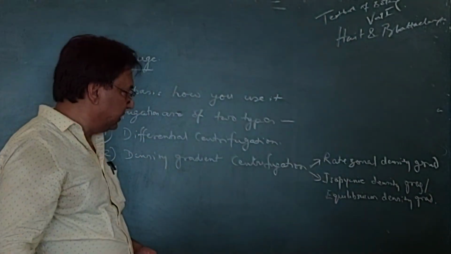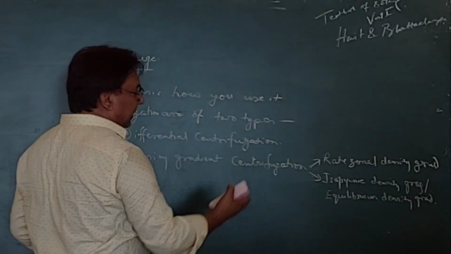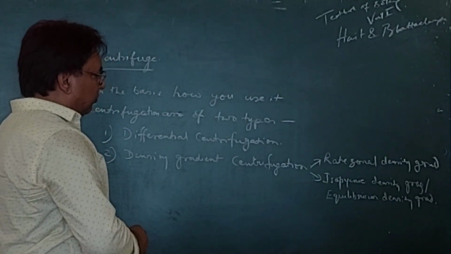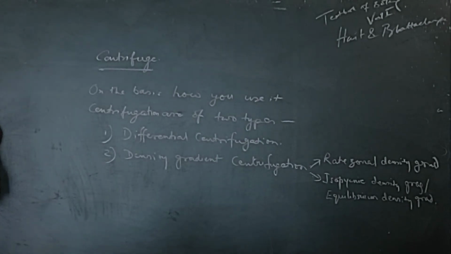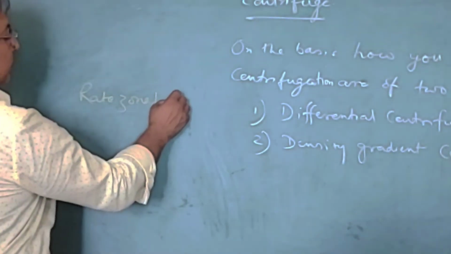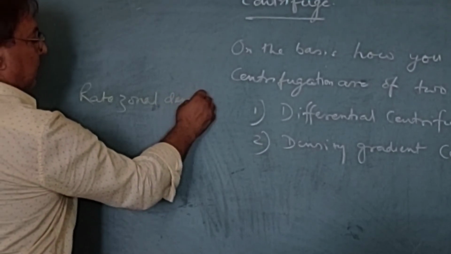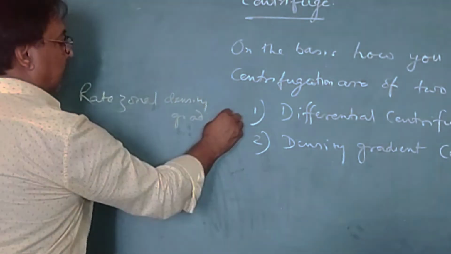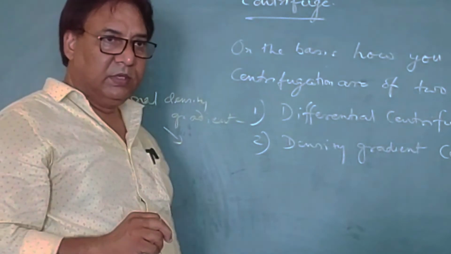So now come to density gradient centrifugation. There are two types, as I mentioned, rate zonal density gradient and isopycnic density gradient. What are these? In rate zonal, there could be two types of way in which you make the density gradient.